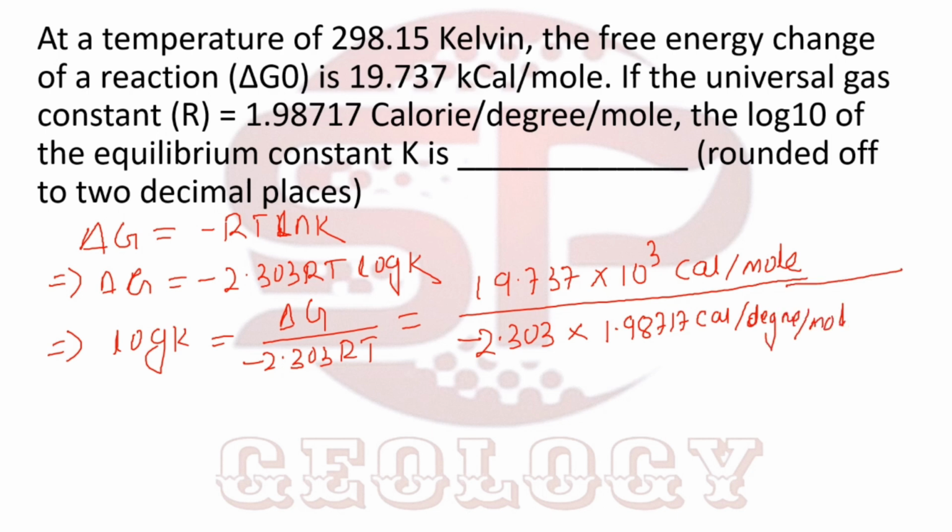Then the temperature is given as 298.15 Kelvin. Here the gas constant is in degrees, so we have to convert the Kelvin into degrees.